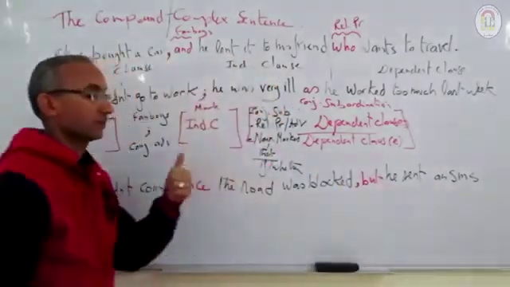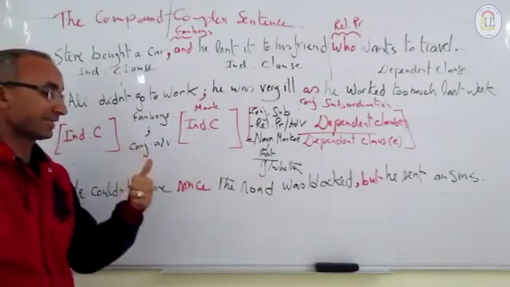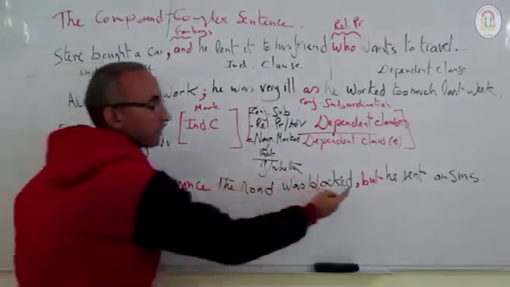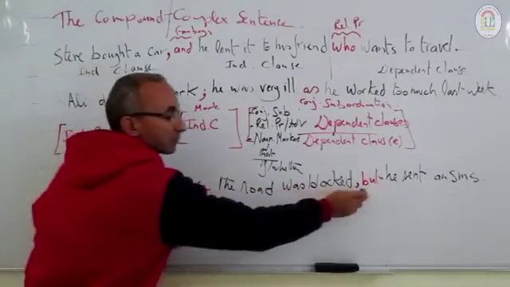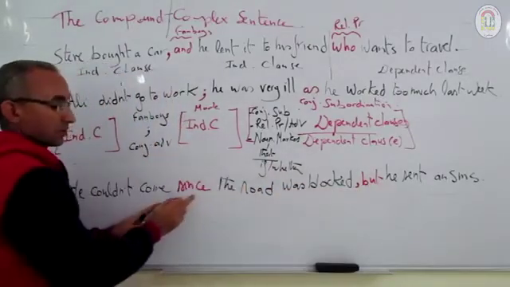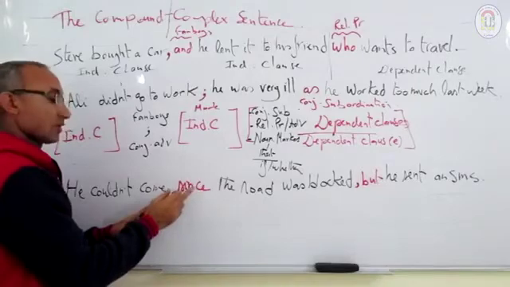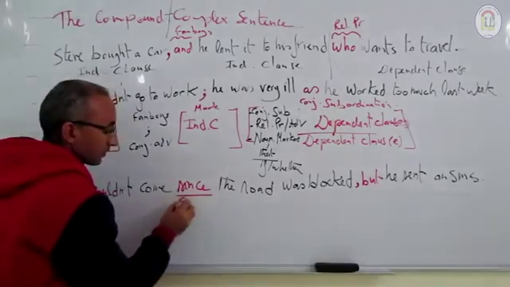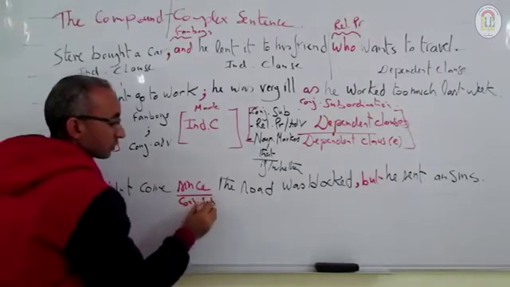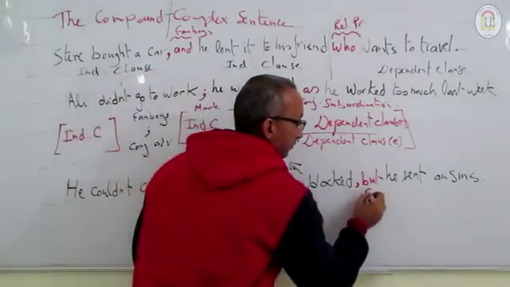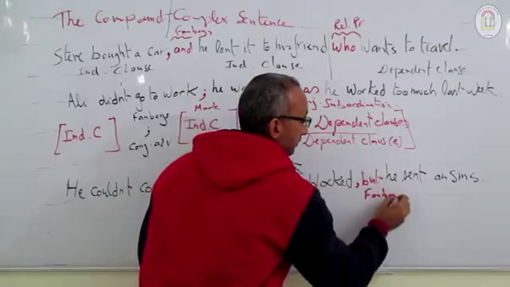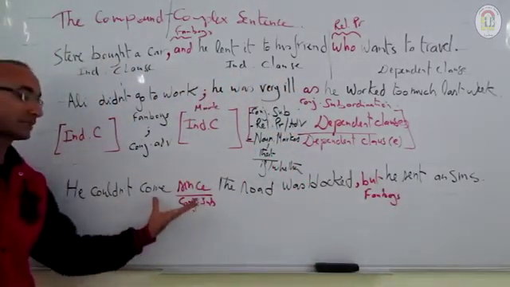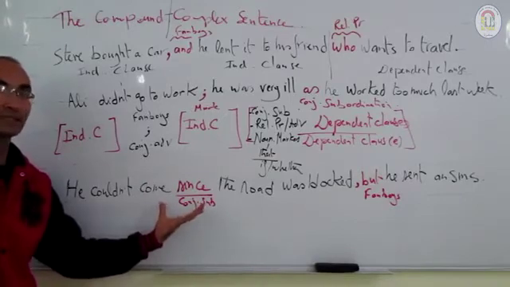Now my first clue that this one is compound complex is the use of both markers: fanboys of the compound, and conjunctions of subordination of the complex. Here I have a conjunction of subordination, here I have a fanboy. As both of them are in the same sentence, it is a compound complex sentence.